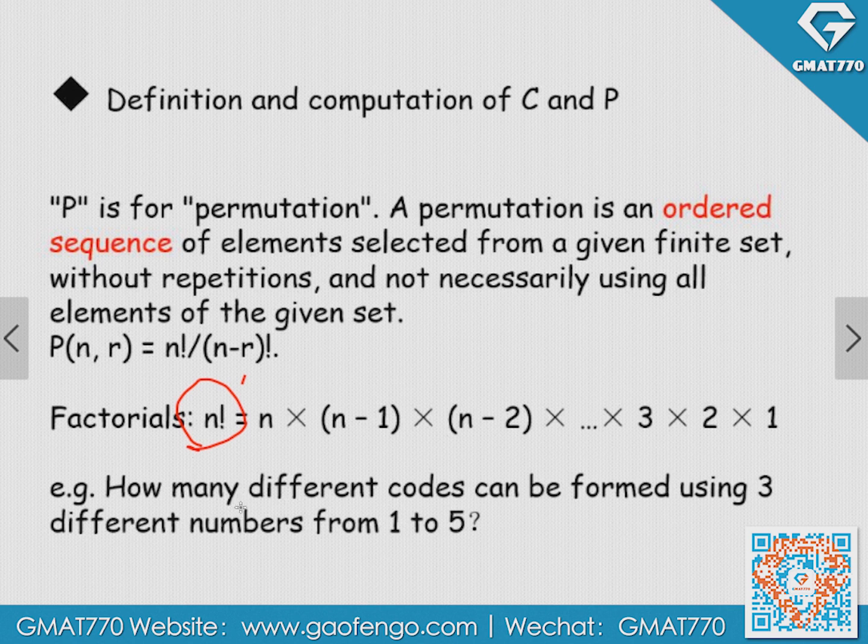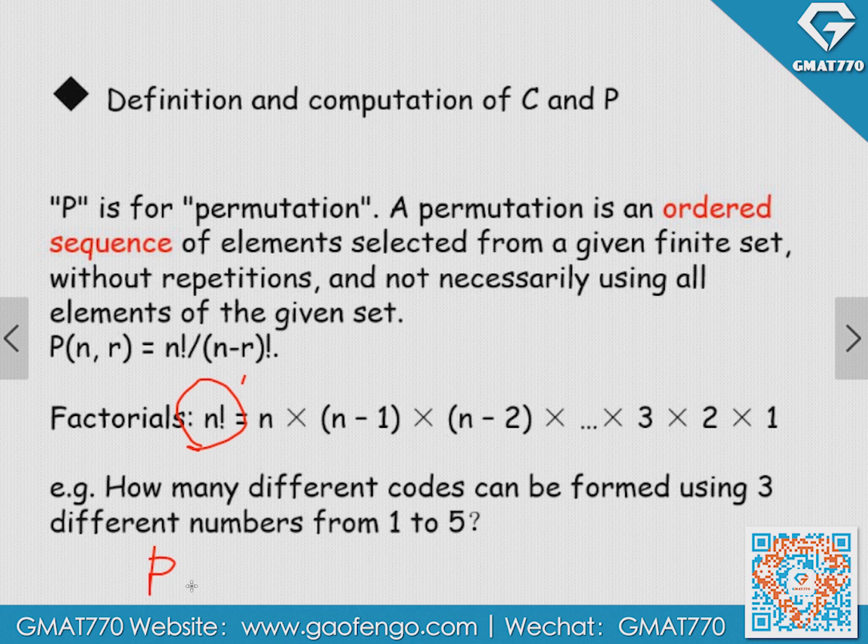So let's use some simple questions to explain how it works. How many different codes can be formed using 3 different numbers from 1 to 5? So now you have 5 numbers in a given finite set, and you need to choose 3 different numbers from them.